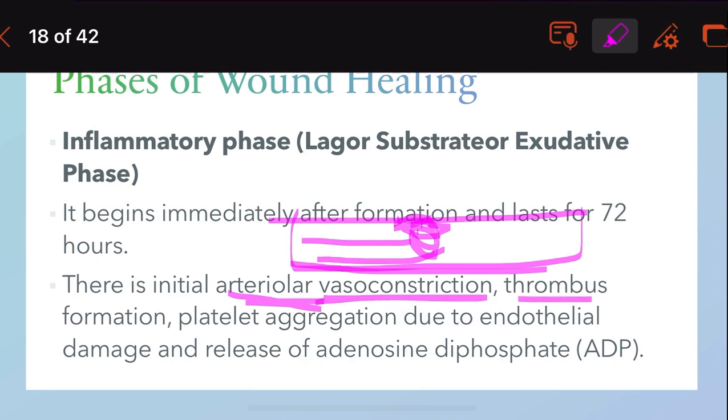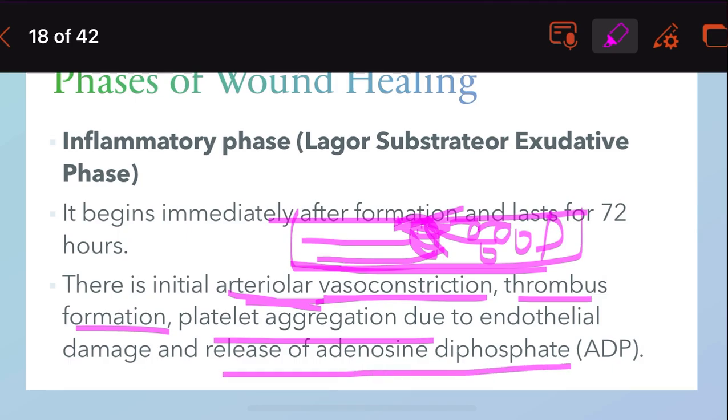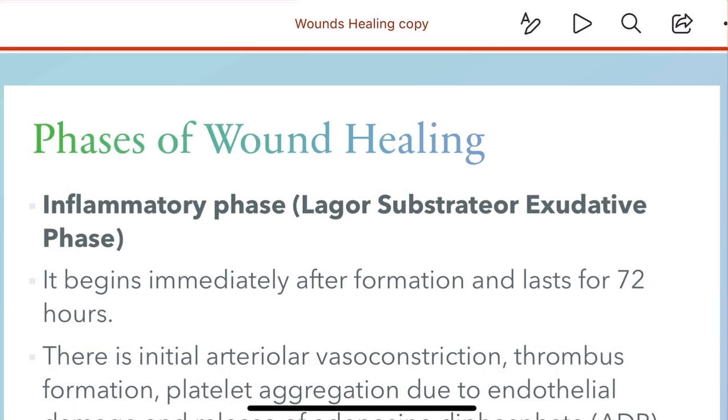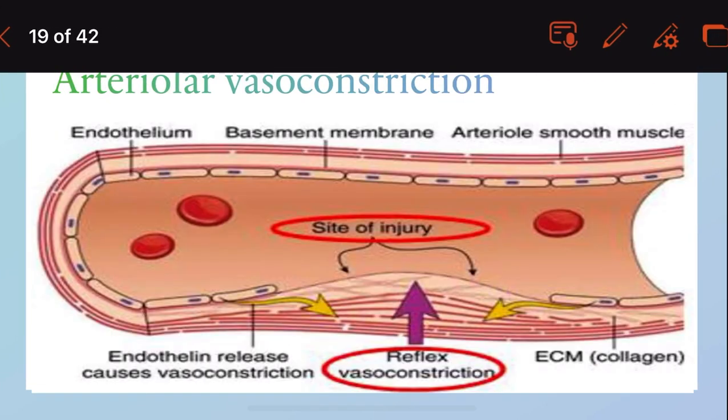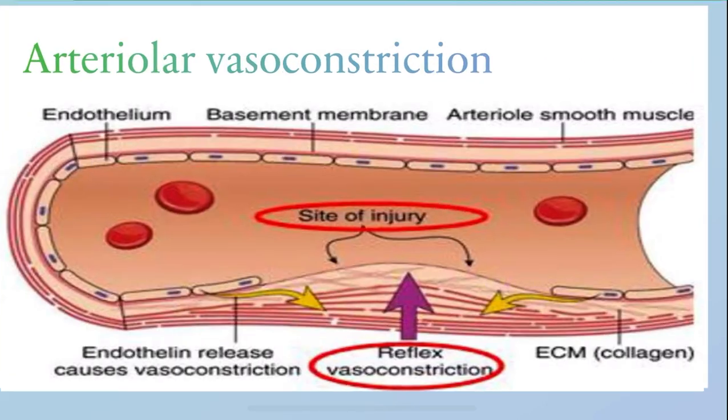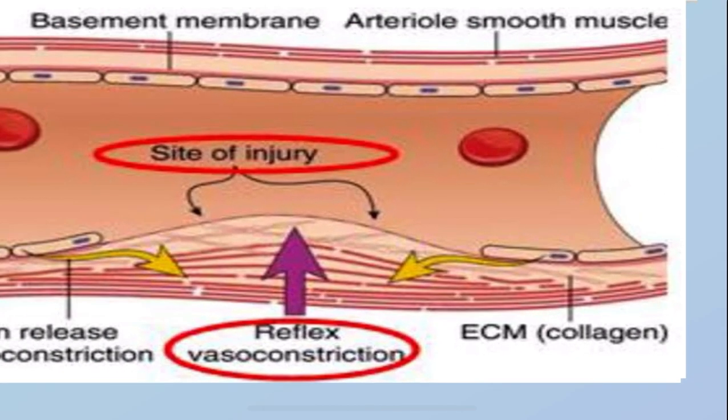Then there is a clot formation. How does this clot form? With the help of the platelets which are going here, they are going to adhere. The platelet aggregation occurs. It is because of the endothelium being damaged, and there is a release of adenosine diphosphate, which is nothing but ADP. Now you can see in the next picture here, this is the site of the injury, the reflex vasoconstriction happening.